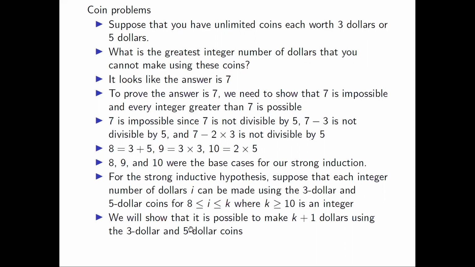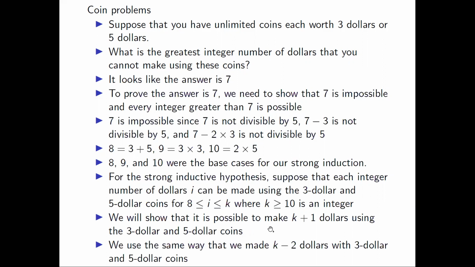So in order to show that it's possible to make K plus $1 using the $3 and the $5 coins, all we have to do is use that pattern we saw on the previous slide. We compare K plus $1 to K plus 1 minus $3. K plus 1 minus 3 is K minus 2. We know by the strong inductive hypothesis that K minus $2 can be made with $3 and $5 coins.